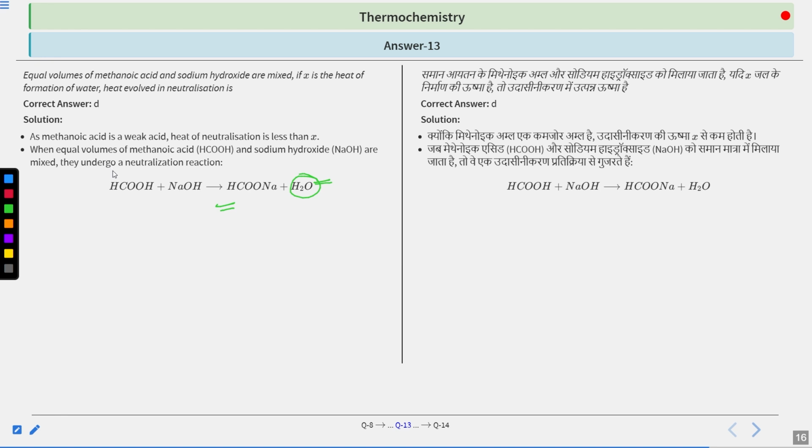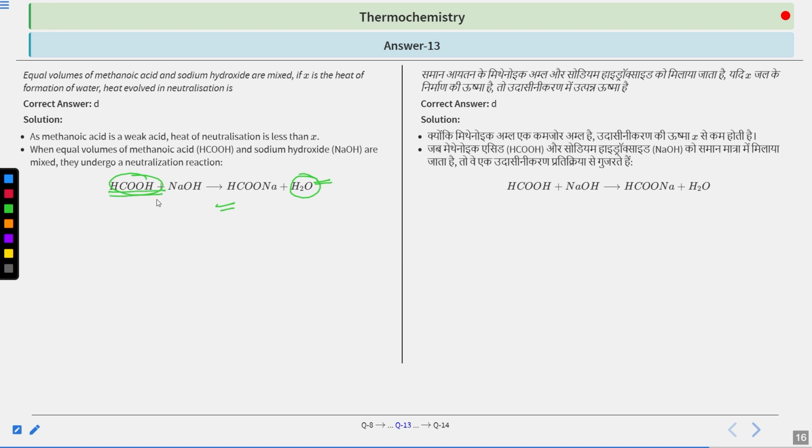But this is the general case. Why? Because apart from the formation of water, in case of a weak acid, there is one more thing that is going on, and for that also energy is consumed. In this case the energy is released, because neutralization is an exothermic process. But at the same time, some of the energy that is released is taken up by the methanoic acid to get dissociated.